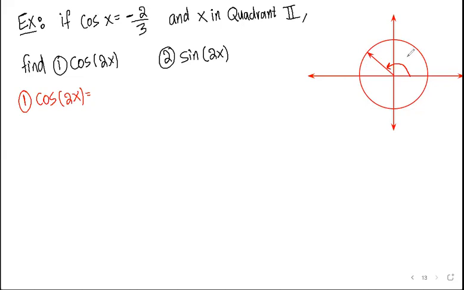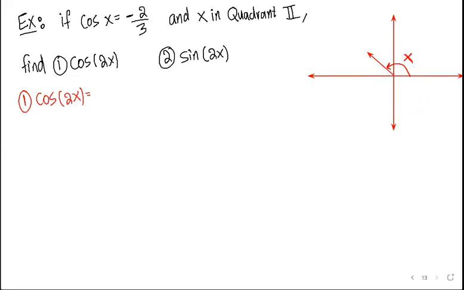This is my theta, my x. I don't need to use a circle. In the second quadrant, the cosine is negative. The only function that is positive is the sine. That's why the cosine is negative.